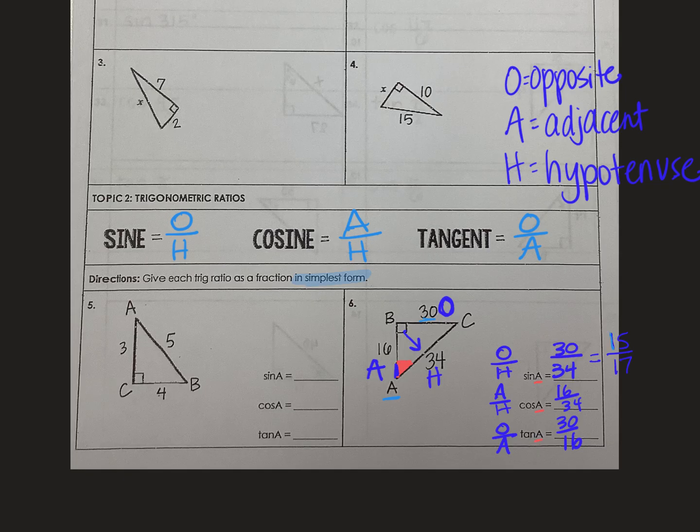So that is the simplified form of this ratio. You put 16 over 34 and it's going to simplify to 8 over 17. And 30 over 16 will simplify to 15 over 8. So those are the simplest forms of these ratios.